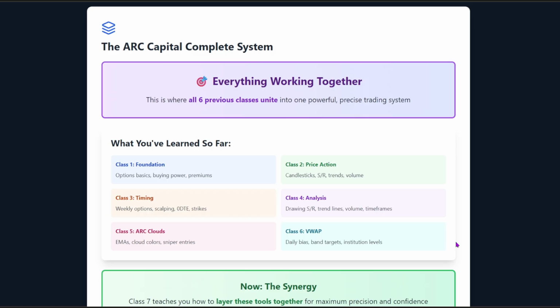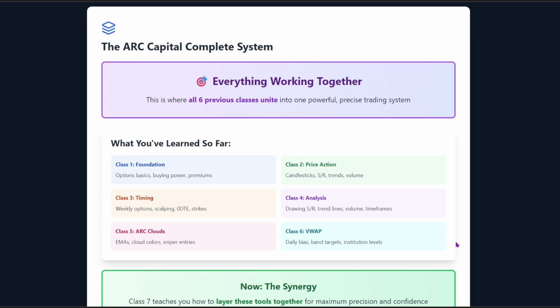Class 3, we went over timing. We went over what weekly options are, what monthly options are, and what 0 DTEs are. We went over the difference between scalping and swinging, right, guys? Also strike selection. Class 4, we did analysis. So we drew support and resistance levels, trend lines, went over volume once again, and showed you guys multiple time frame confluence.